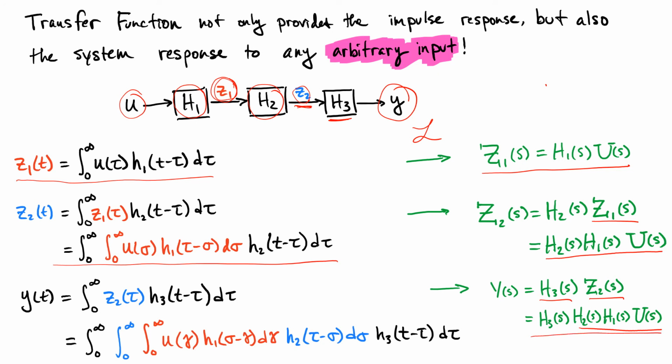And so now doing block diagram algebra makes this super easy to calculate the Laplace transform of the output from the input based on just these chains of multiplications that we'd see in terms of these transfer functions.